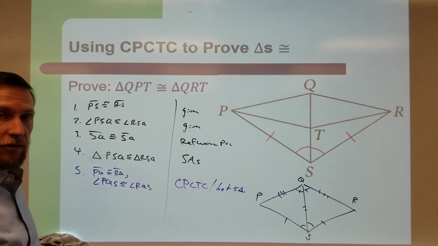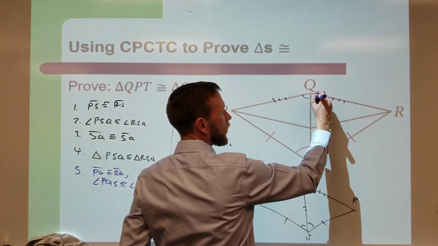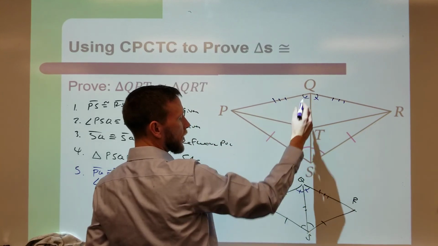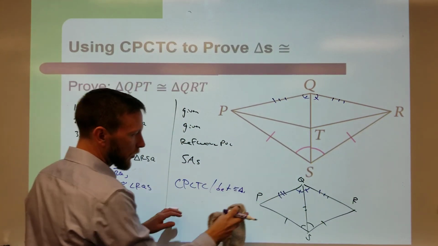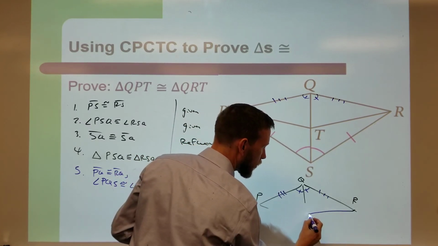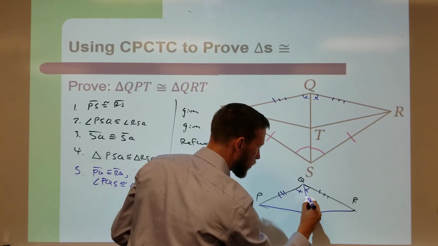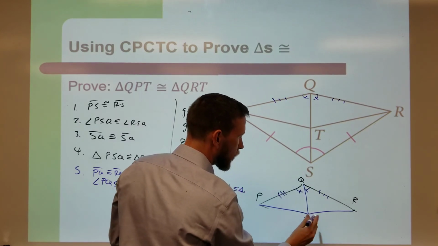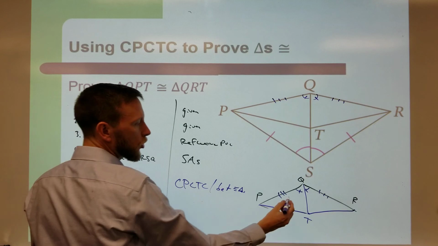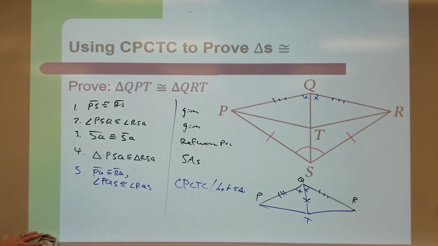All right, which means if I apply that to the previous picture, I can show that these two triangles, I'm going to erase this part of the picture, and I'm going to put point T into the picture. I'm going to show that these two triangles are congruent using side, angle, side.